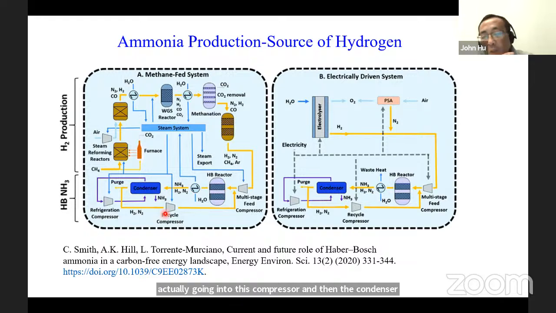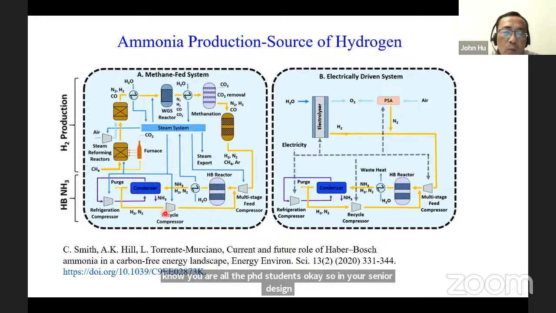So very good question. I hope some of you have the senior design in your background. I know you are all PhD students. Okay, so in your senior design, chemical engineering, you probably have any chemical plant design.